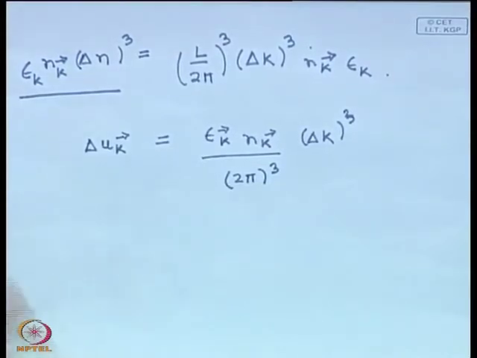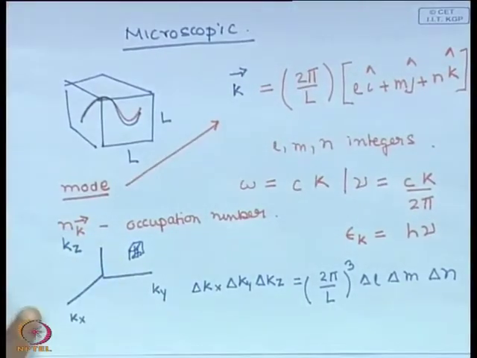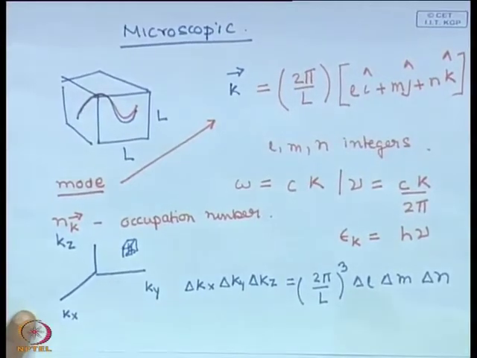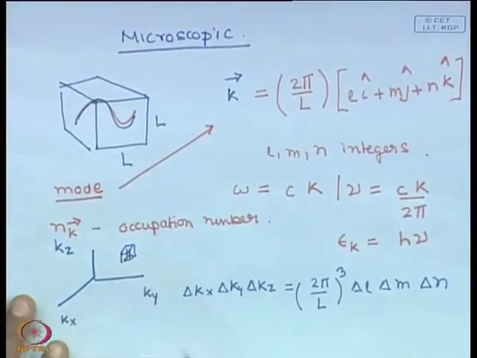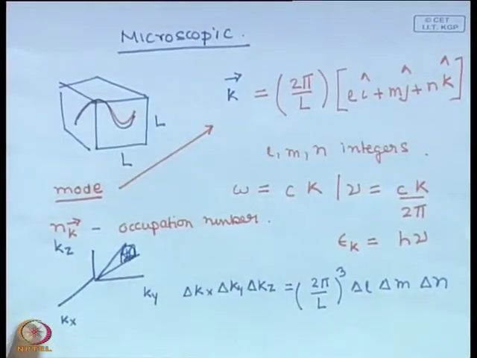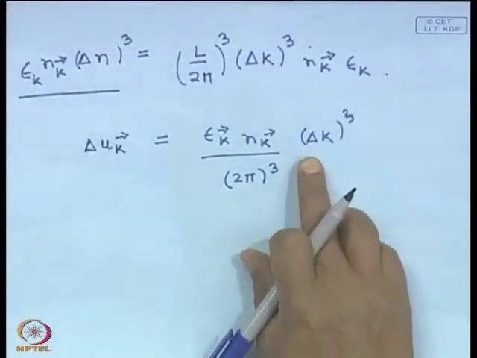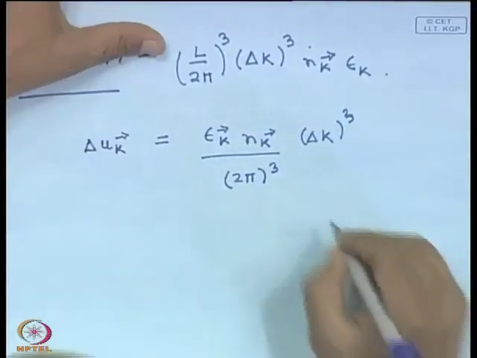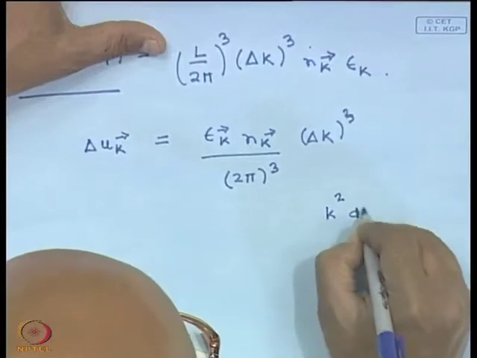Right. Now, it is convenient to work in spherical polar coordinates. So, think of these wave vectors. These wave vectors in spherical polar coordinates I can write in terms of the solid angle subtended by these wave vectors, d omega into k square d k. So, I can write this delta k cube as k square d k.